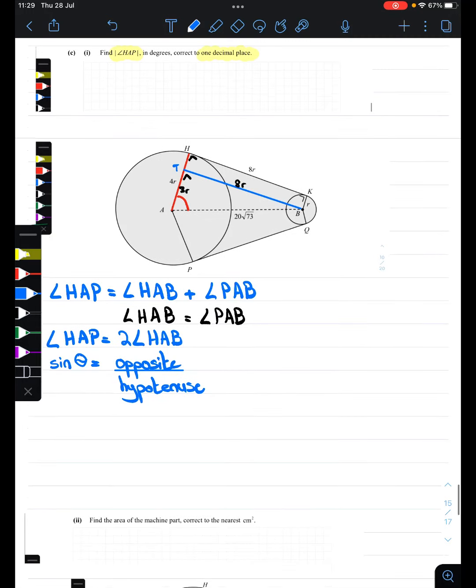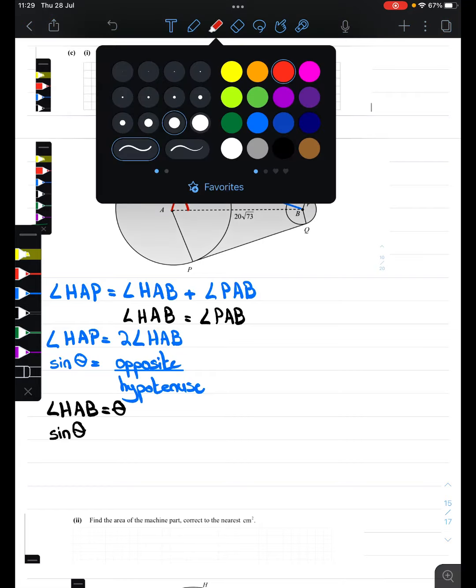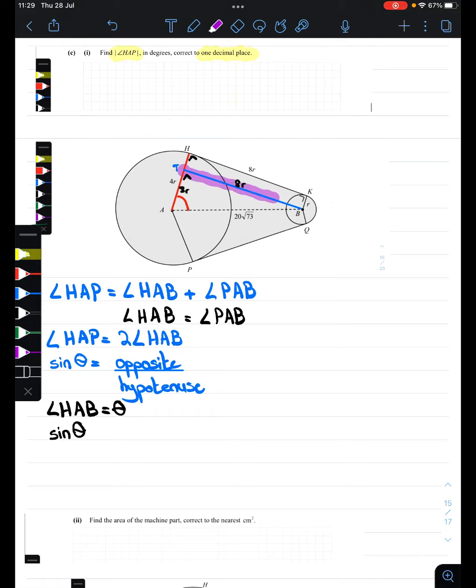Okay, so if we let HAB equal theta, then sine of theta will be the length opposite HAB, this length, the length opposite our angle, all over the hypotenuse.